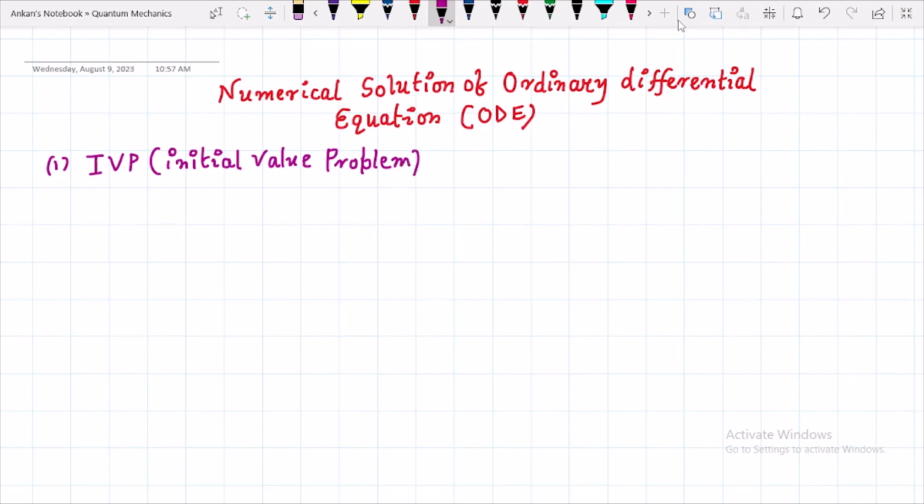And the other one is BVP, which is called boundary value problem.